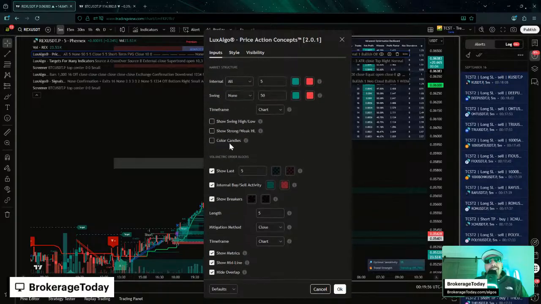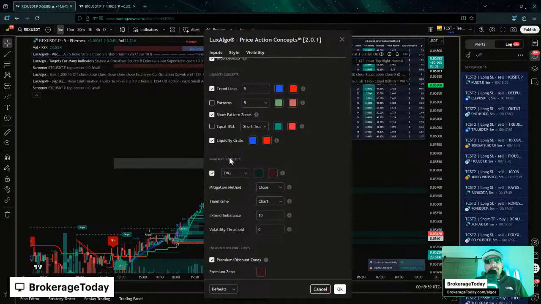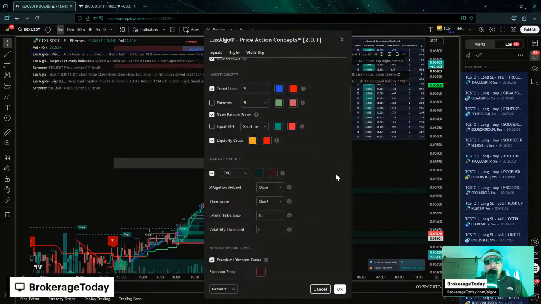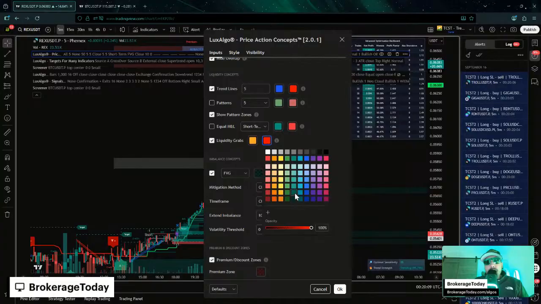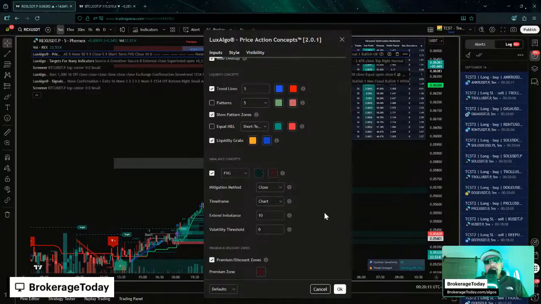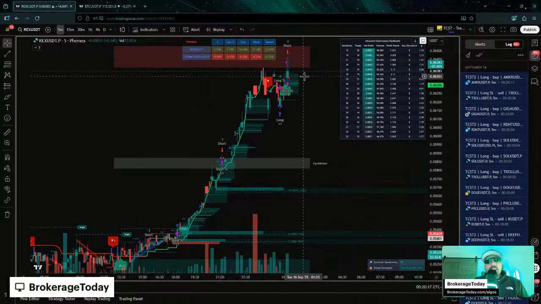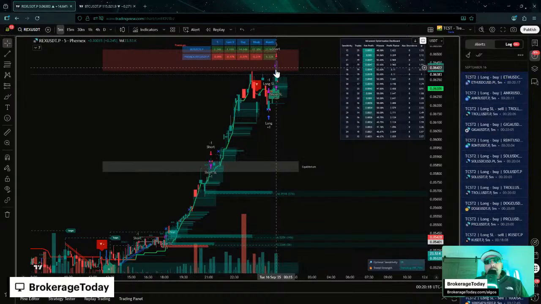Yes, guys, you have to actually adjust your settings to see these things. You're going to check off liquidity grabs, and you can make them blue and red. Sometimes you can even make them gold if you want to make sure you're catching them. Now you're going to see on the chart with the Lux Algo price action concepts, you can actually see that liquidity grab happening right here. So that's how you spot it.